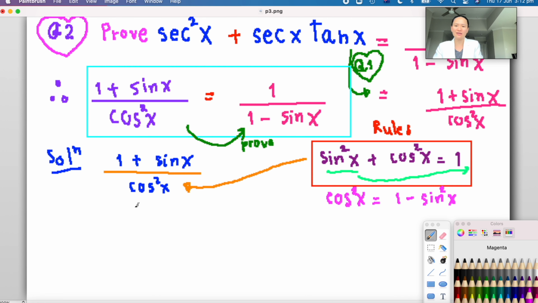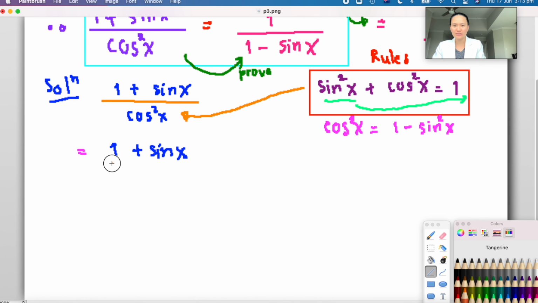So from here I have 1 plus sin x divided by, because cos x squared equals 1 minus sin x squared, 1 minus sin x squared. Don't forget that you have the square here.